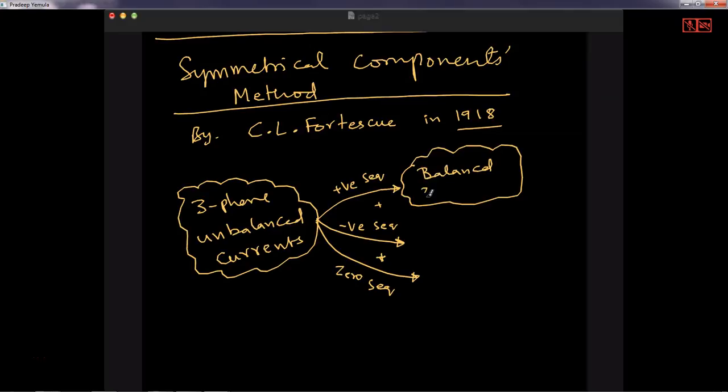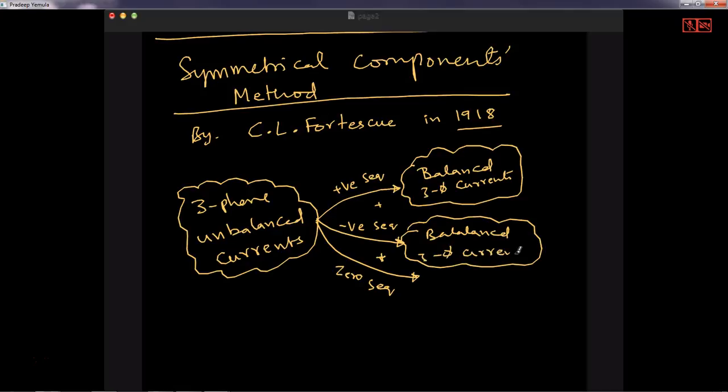So positive sequence will be nothing but balanced three phase currents. This is again balanced three phase currents, this is negative sequence, and this one is, in fact, I cannot say balanced three phase currents, we will say three equal currents.